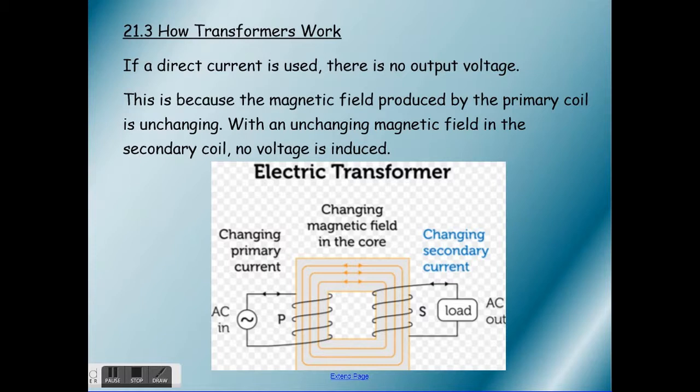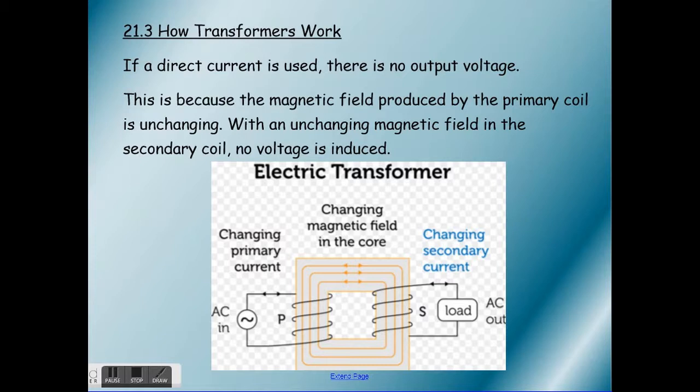And in order for the secondary coil to have the current and voltage induced into it, it needs that alternating magnetic field. So with an unchanging magnetic field in the secondary coil, no voltage is induced. So you need that alternating magnetic field in order to induce voltage into the secondary coil.